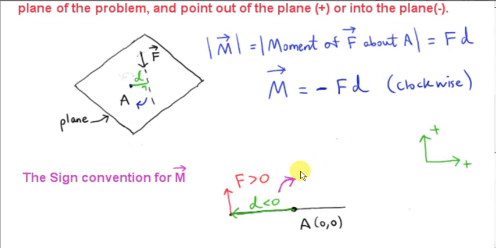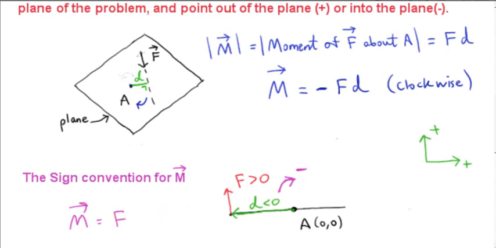We can see that it's clockwise, which is negative. That's the convention. And that ties in with these, because if we multiply F by d, we get a negative result. So M equals F, which is positive, times d. Now the position vector d is negative, if we think of d as a vector. So this will come out to be negative. That's exactly what we want.